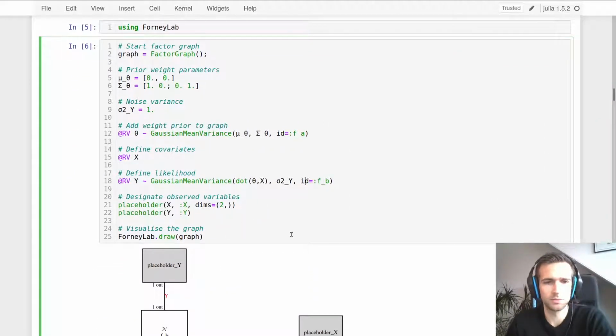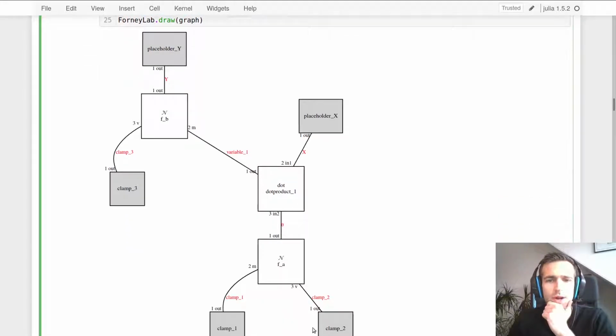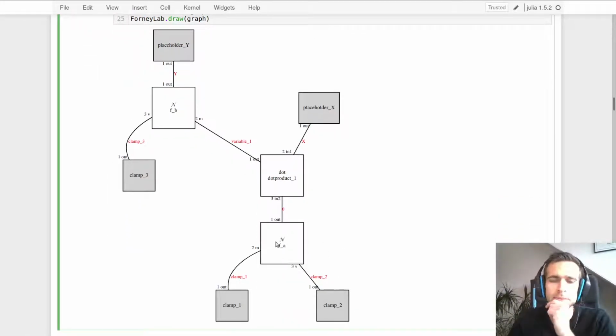So y is also observed, and if we then draw the graph, let me just zoom out a bit. We get something that is not too complicated. We have an f of a prior node with two clamped parameters, mu of theta and sigma of theta. We have this unknown variable theta.